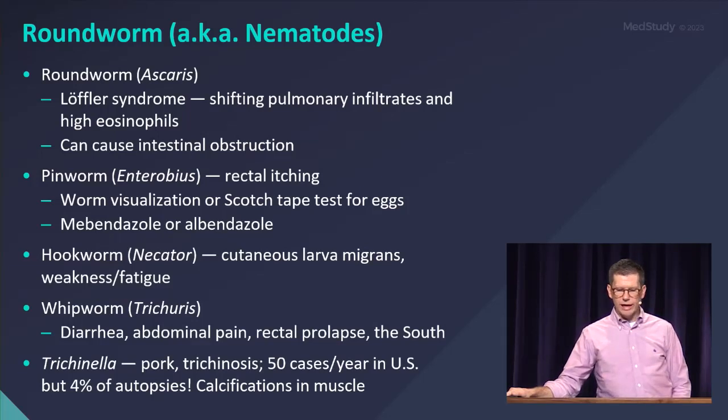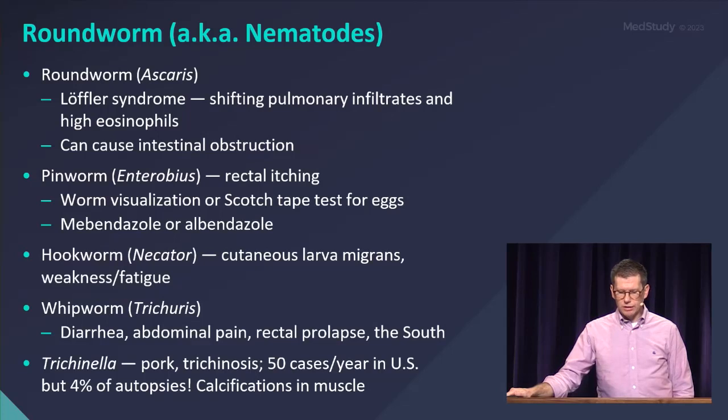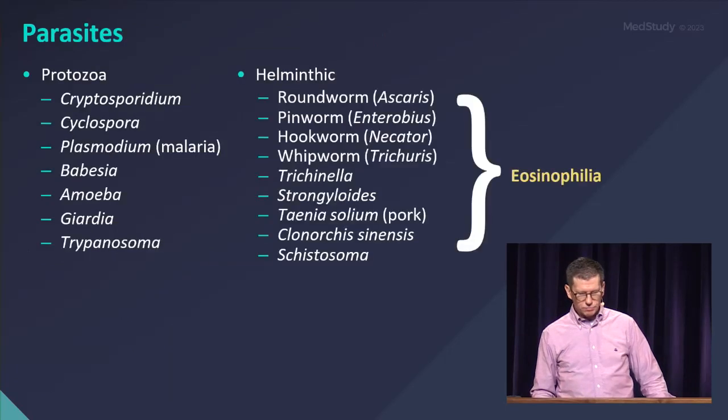A hookworm or Necator, that's the cutaneous larva migrans that our kid just had, with weakness and fatigue. A whipworm, you'll have rectal prolapse as a big common clue, typically going to be somewhere in the south. And then trichinosis, you'll see calcifications in the muscle, and it's probably more frequent than we actually diagnose.